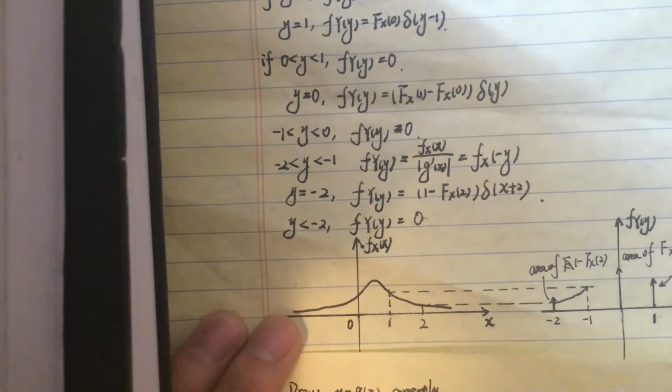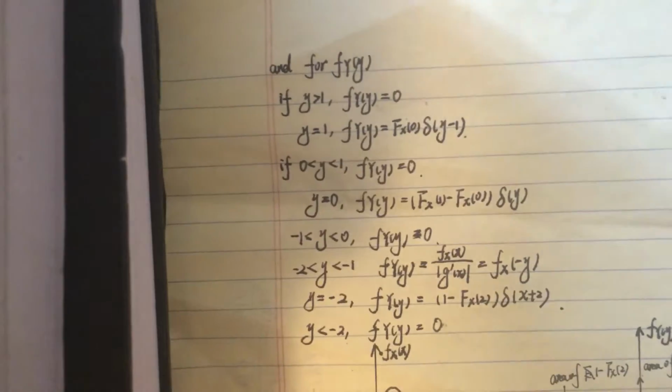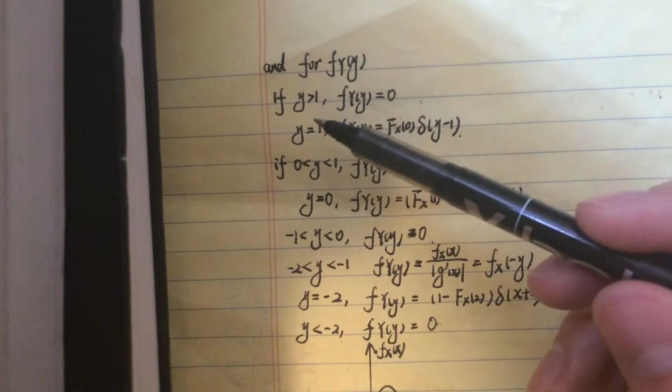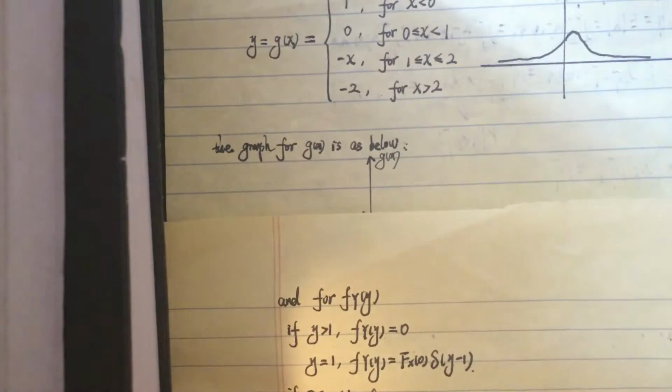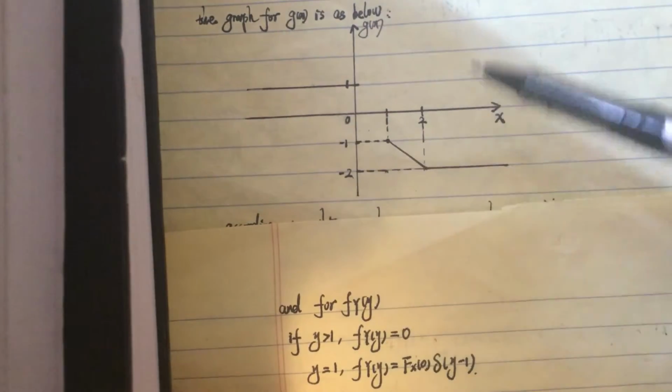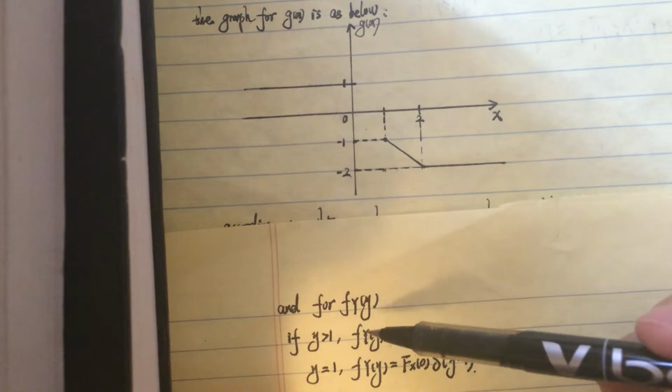And now for this f_Y, we can know that if y is larger than 1, as this graph has shown, the density will equal 0.